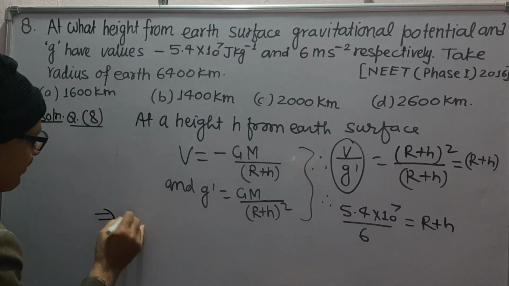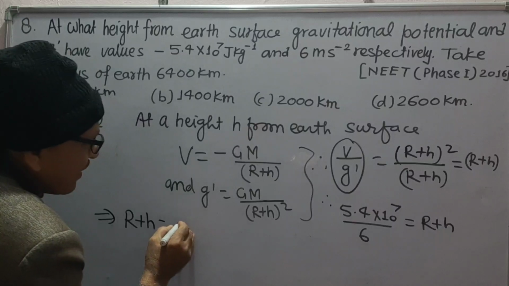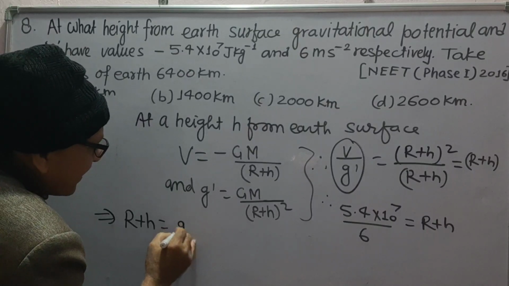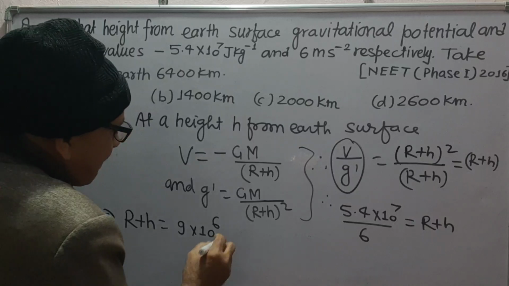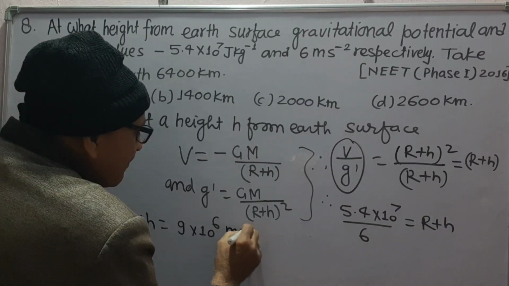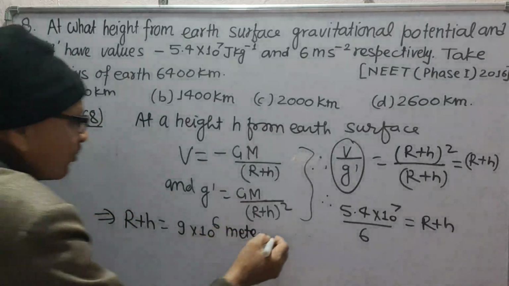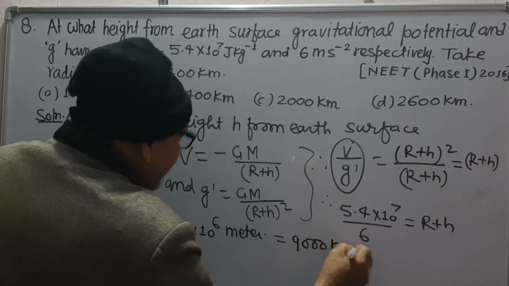Therefore, R plus h will be equal to 9 into 10 to the power 6 meter, which is 9000 kilometer.